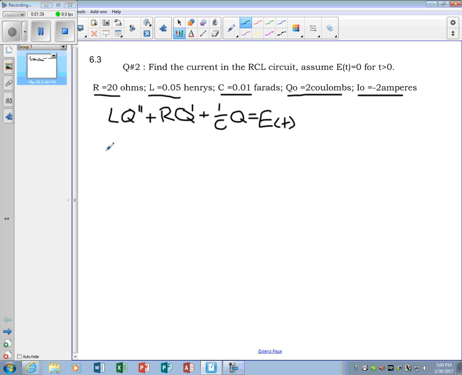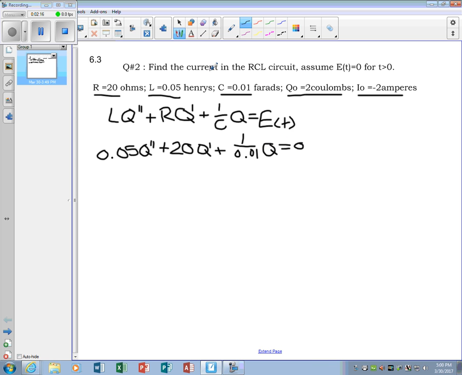So we have our 0.05 Q double prime, and then our 20 Q prime, and then 0.01 Q, and that all equals 0.